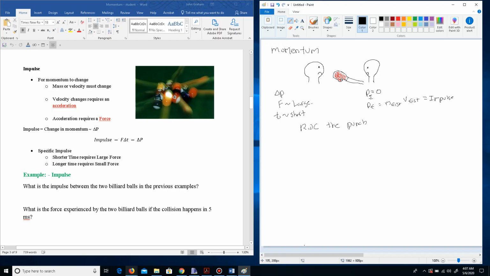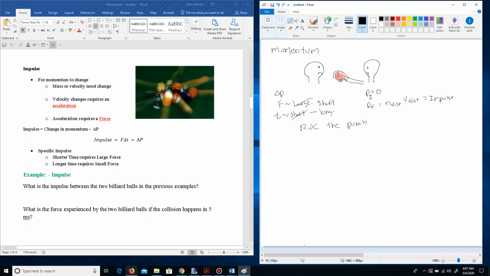And he's going to lean back, go with the punch, make sure the contact goes long, and so the force ends up being low, to reduce how much force he ends up having on him.